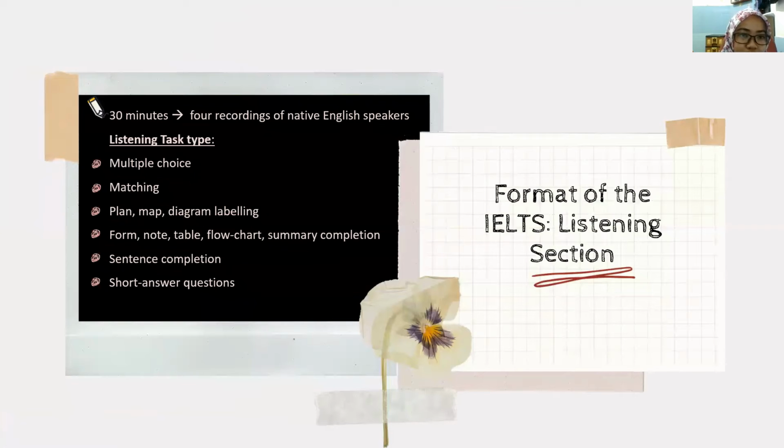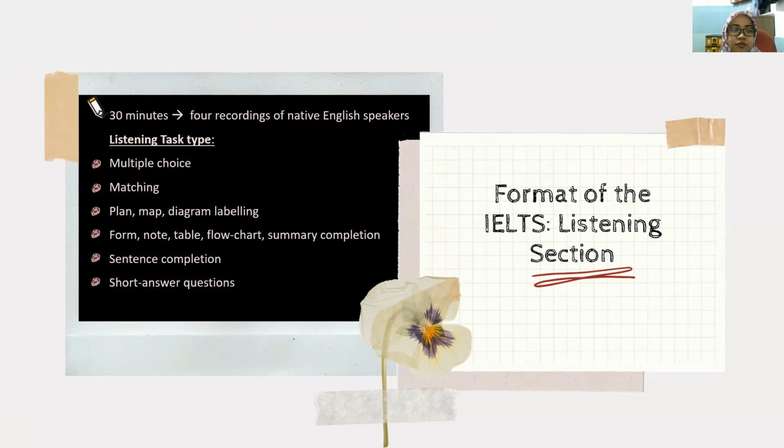Let's move on to the format of the IELTS, and this one is the listening section. The listening section lasts approximately 30 minutes and consists of 4 recordings of native speakers. The recordings are a conversation between 2 people set in an everyday social context, followed by a monologue set in an everyday social context, a conversation between up to 4 people set in an educational or training context, and a monologue on an academic subject.